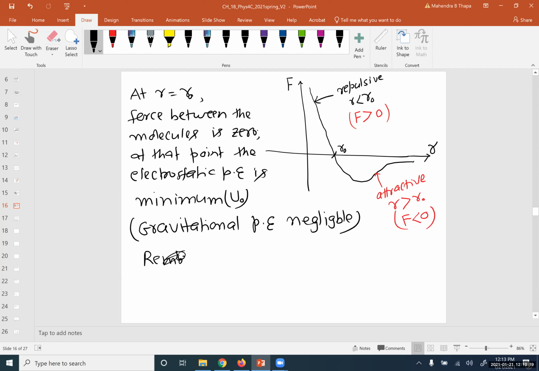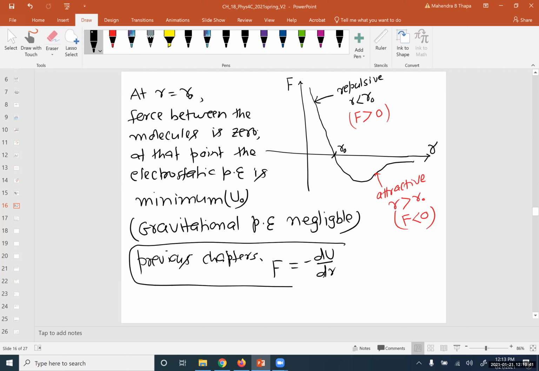You have to remember from previous chapters that force is equal to minus dU over dr. This gives the relation between the two graphs as well, the relation between force and potential energy.